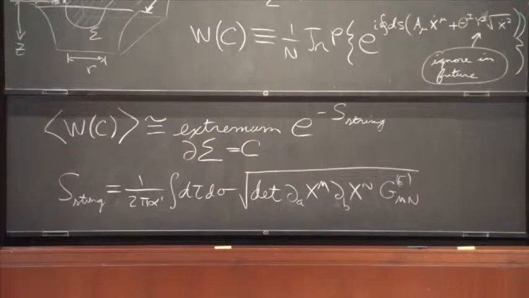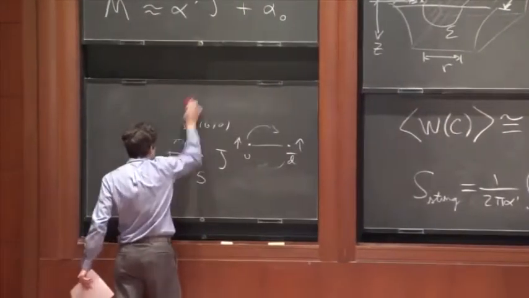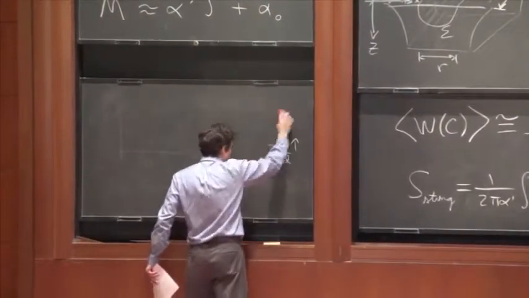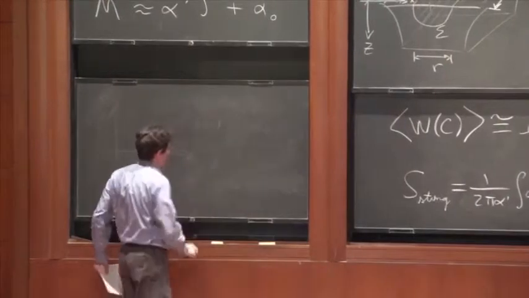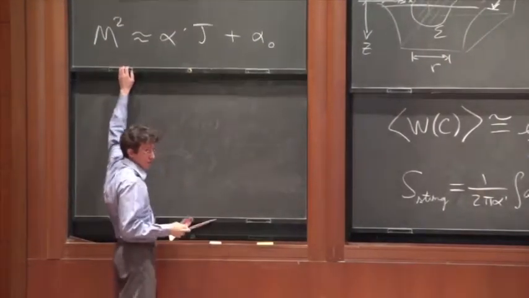Yes? So there is a possibility of multiple extrema? Definitely. And so what you're really supposed to be thinking is that the extremum is a saddle point approximation to a whole path integral.